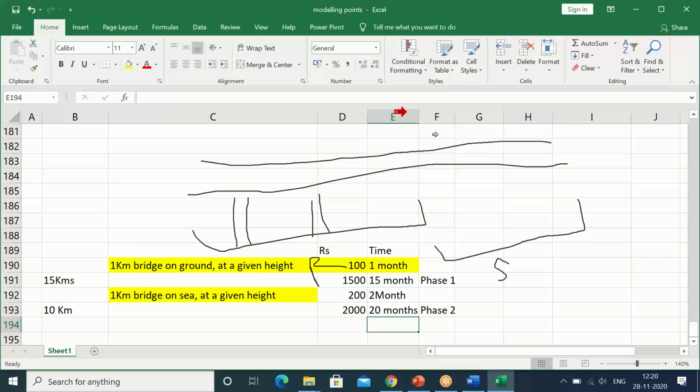So, Akansha, the simple point is, do you agree that when you construct something on the sea, it is more costly and time taking than on the ground? Yes. That's what you will see in this case.